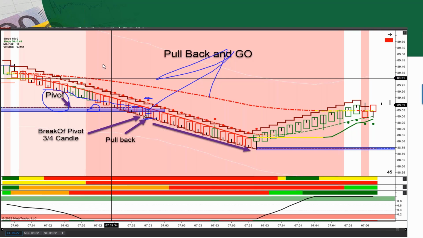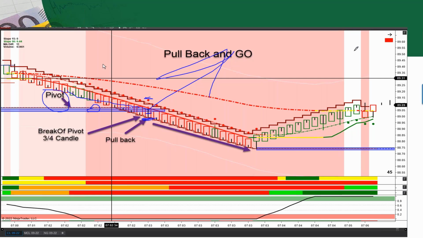But we want to see the market prove to us that it wants to go down. So we're placing our order as the market's going up. If the market does not come down, then we don't get filled and the order gets canceled.